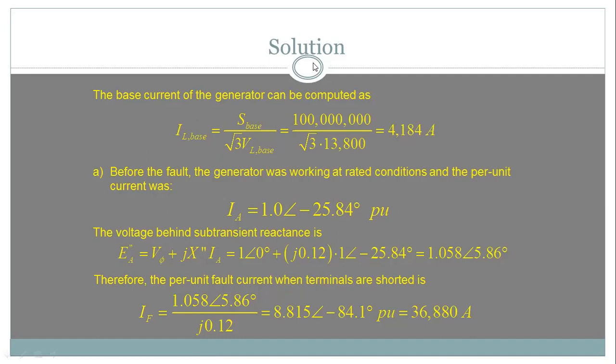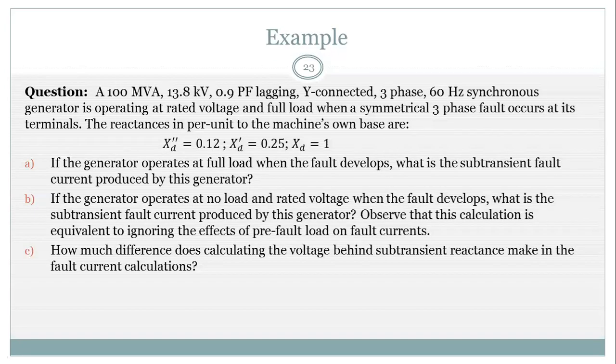And this angle we find out from the power factor angle, and this is a lagging power factor, so there is a minus sign. The internal voltage is the fault voltage plus the internal drop. The terminal voltage is the fault voltage, and here it is 1 per unit, because in the question the generator is operated at the rated condition when the 3-phase fault occurs.